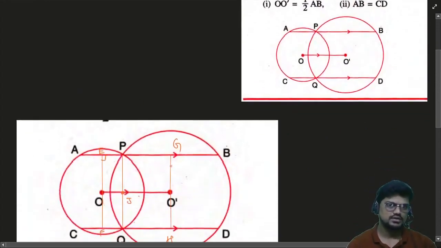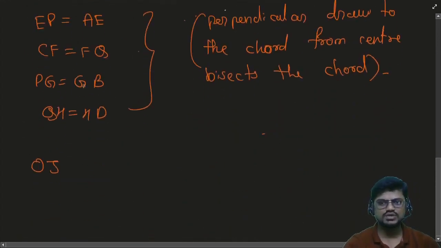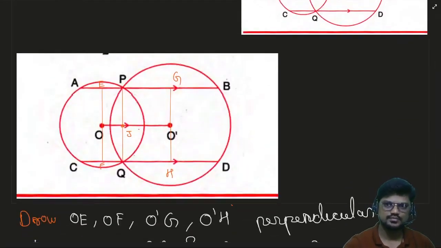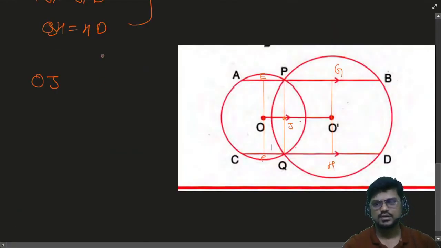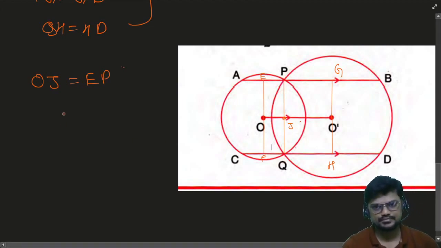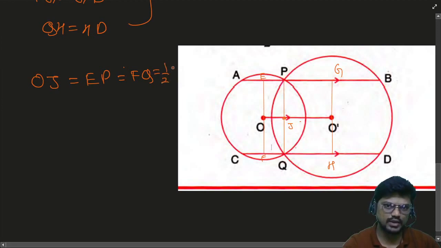So therefore, OJ is equal to EP, also equal to FQ. But all of them are equal to half of AP.